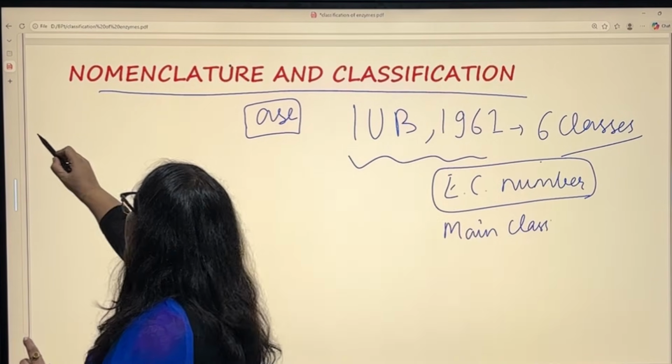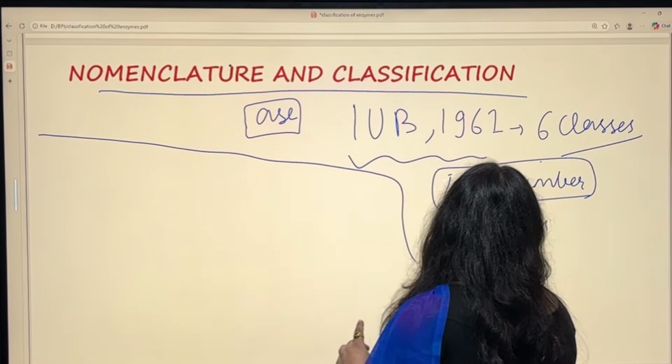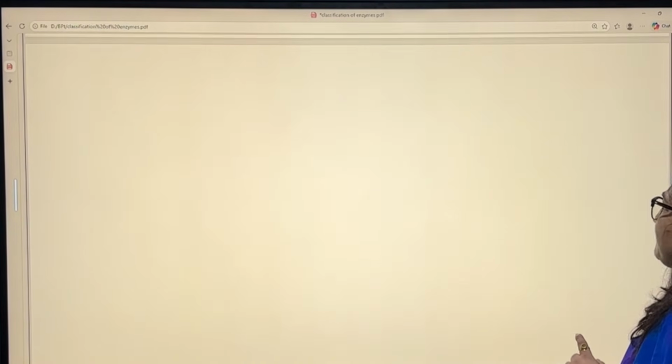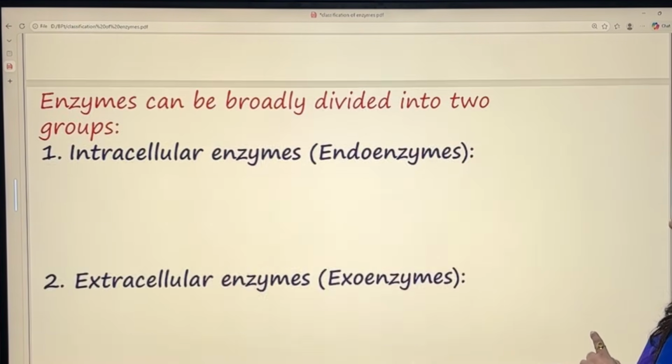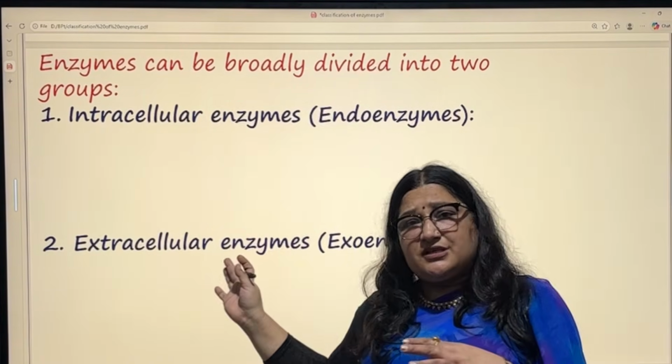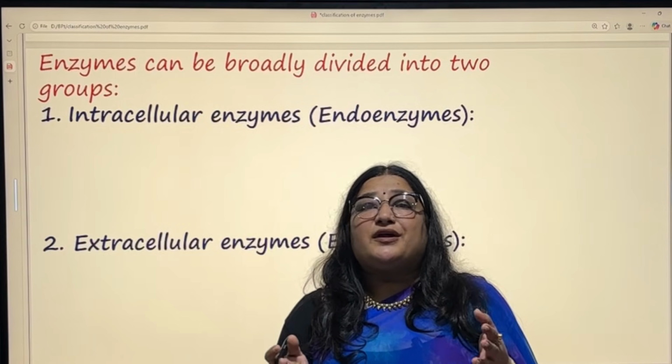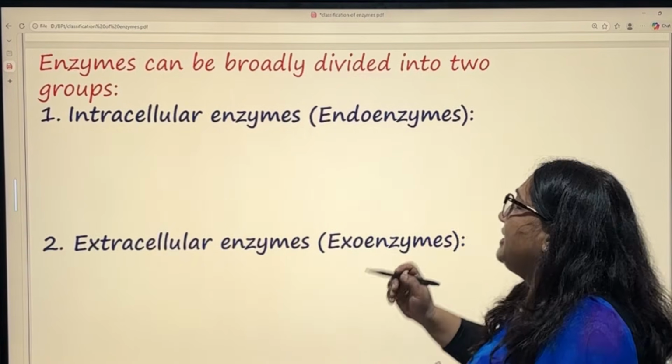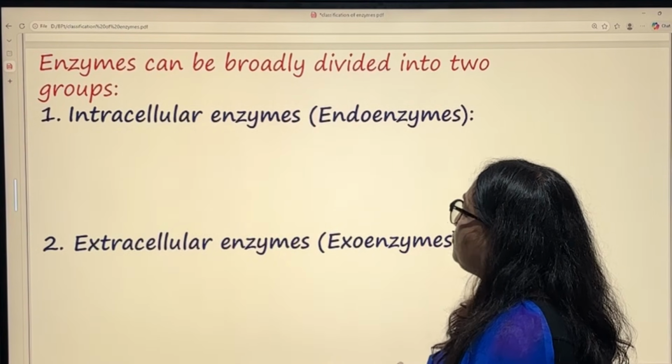Moreover, enzymes are also classified into 2 groups. This is not the official classification, but according to the site of synthesis, enzymes are broadly divided into 2 groups.